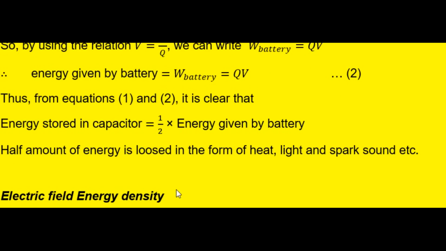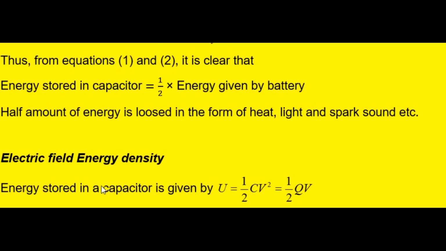Electric field energy density. Now we will calculate the electric field energy density. Energy stored in a capacitor is given by U is equal to half CV square or half QV.